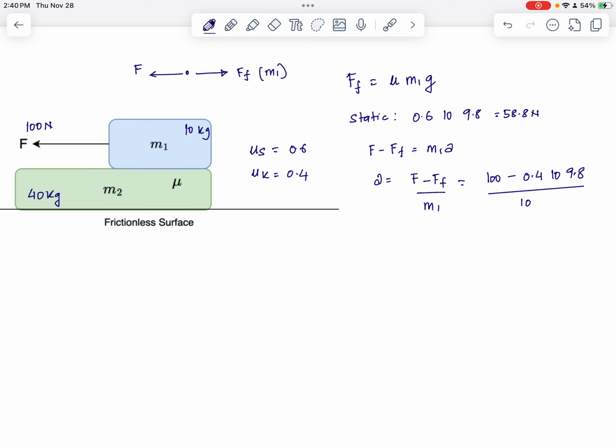And that gives us 6.28 meters per second squared. So this is A1, I would say.